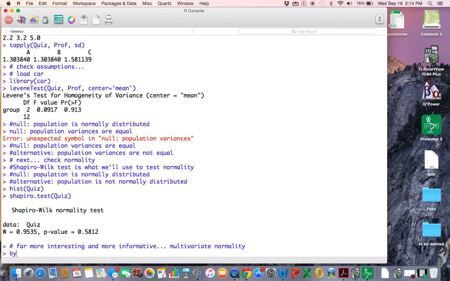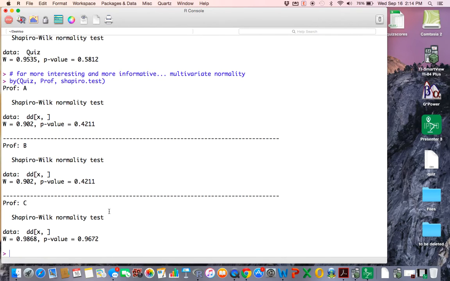We can use the by function and use our quiz across our prof, and we can just do the Shapiro test. Now, this is really cool because what it does is break it down for Professor A, Professor B, and Professor C, which is nicely done.